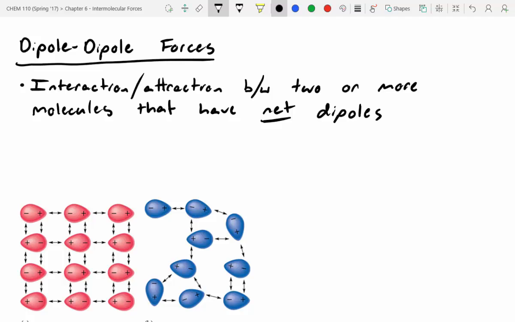So in this case, it's not a momentary imbalance of electron density, it's a permanent imbalance of electron density.